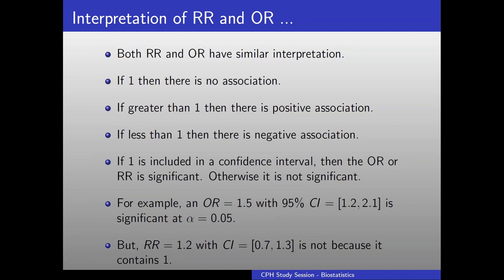So for example, if I have a relative risk of 1.2 with a confidence interval of 0.7 to 1.3, that's not significant because it does contain 1. However, if the OR is 1.5 and the CI is 1.2 to 2.1, that interval does not contain 1, so this odds ratio is significant.